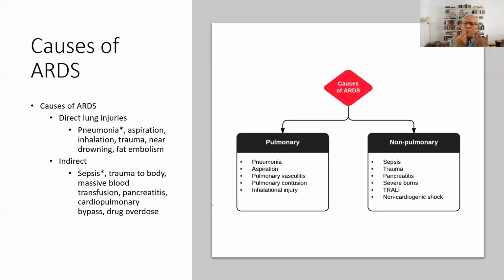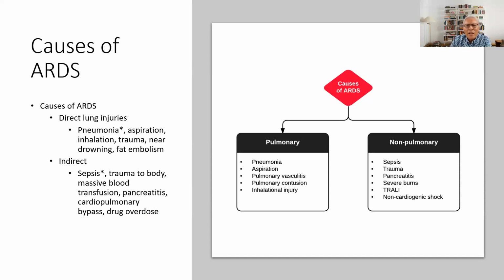So you might be wondering, what are the causes of lung injury that lead to ARDS? Well, we actually divide them into two broad categories. One is what is known as direct lung injury, and the other is indirect lung injury causes.